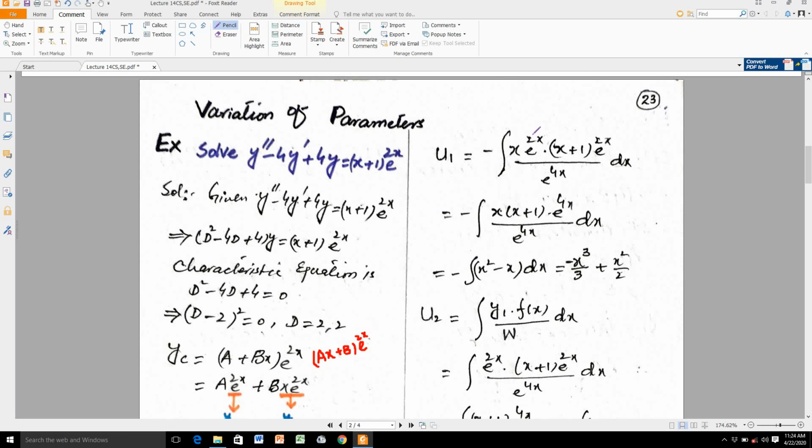You see here this e raised to the power 2x and this e raised to the power 2x; by using the properties of exponents, their bases are the same, their powers add, and it becomes e raised to the power 4x. This e raised to the power 4x cancels with this e raised to the power 4x, and the remainder is x into x plus 1. I am simplifying this here. This term cancels with this.